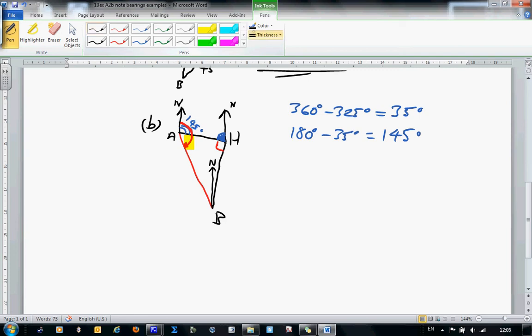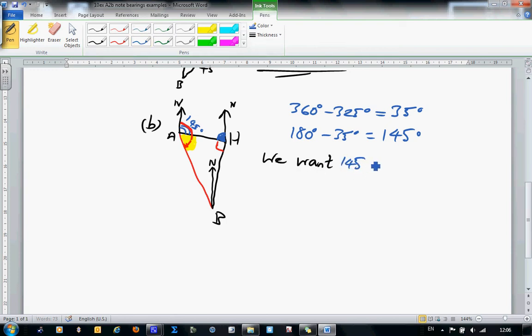So we want 145 degrees plus the yellow angle. That's our bearing of B from A. So if we can find the yellow angle, we can simply add that on to the 145.